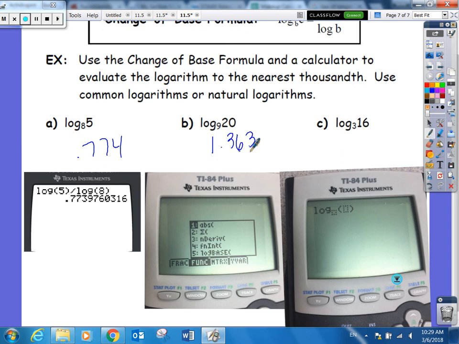And then log base 3 and 16, you get 2.524. All right, so that is change of base.